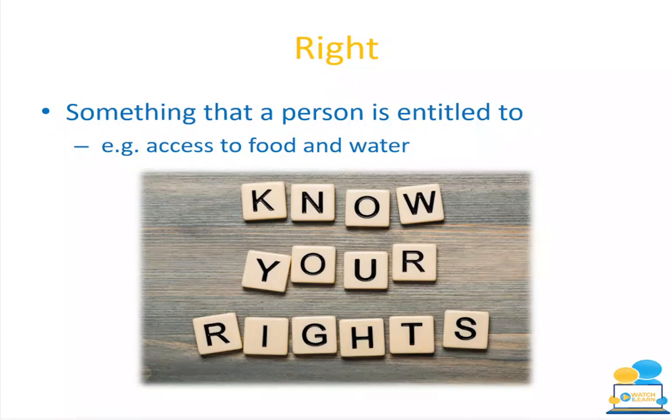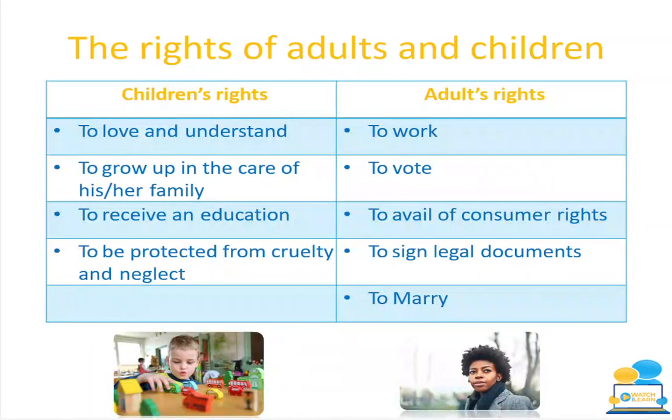For example, access to food and water, the right to education, the right to freedom of speech, the right to shelter, the right to access medical care. So you need to be able to explain what a right is, state it, explain it, and give an example for full marks. So the rights in adults and children slightly differ.